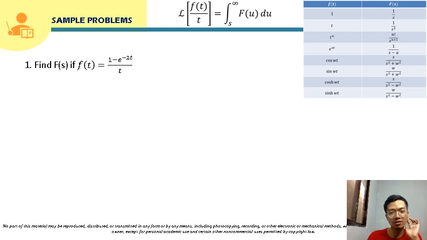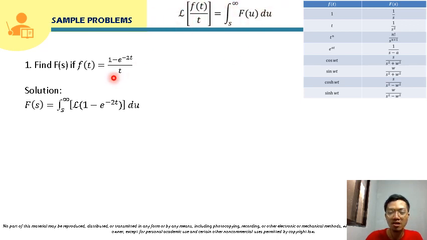Okay, so let's start solving this. Again, we will use this formula since we know that we can apply this. Our f of t here is 1 minus e raised to negative 2t. So we will solve for the Laplace transform of 1 minus e raised to negative 2t, and express its Laplace transform in terms of u.